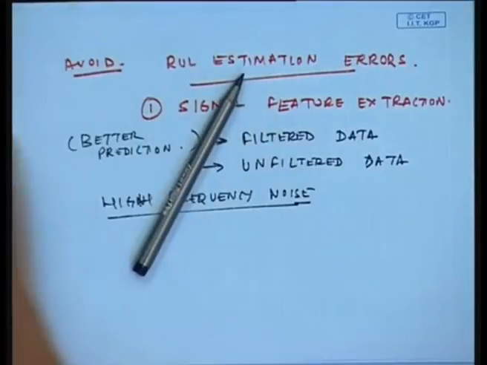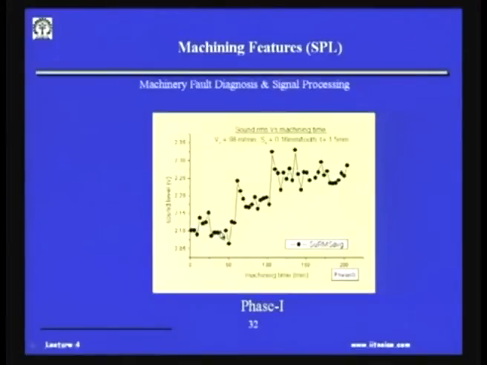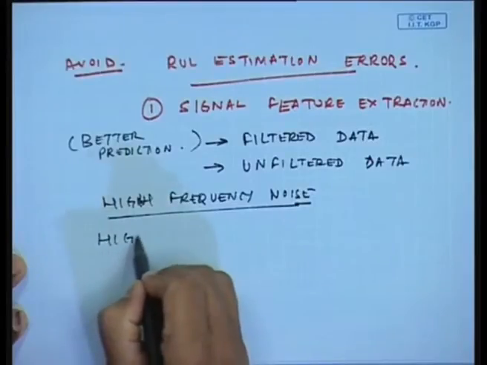For example, if I focus my attention here, there are wide variations in the sound level with machining time, and there is not a strong correlation between the measured sound level, of course in a voltage level given here, and the machining time. Such a feature was actually not used because, as you know, sound gets easily contaminated by the high presence of background noise.